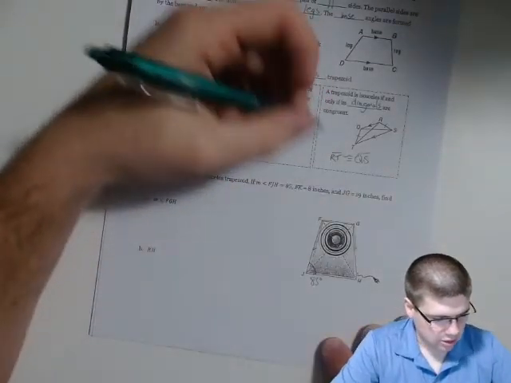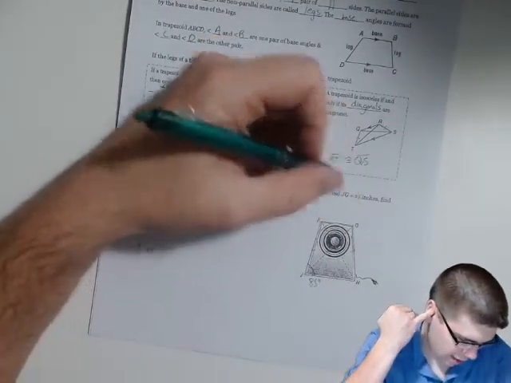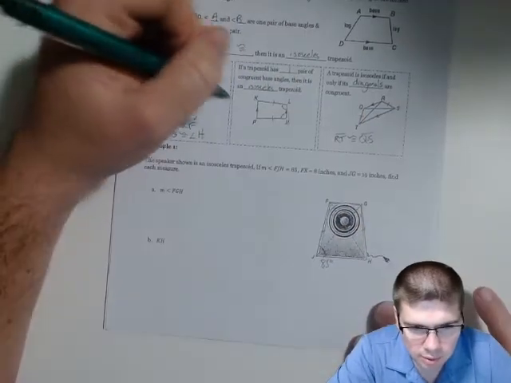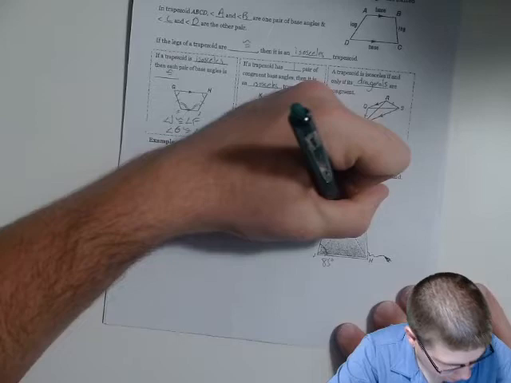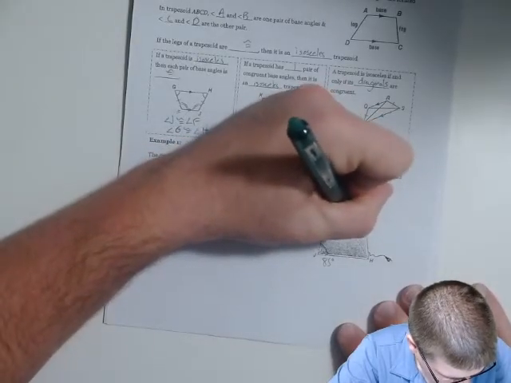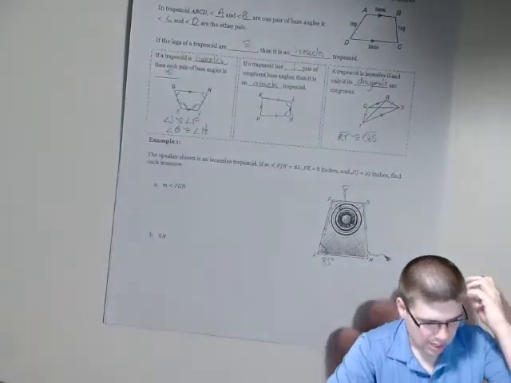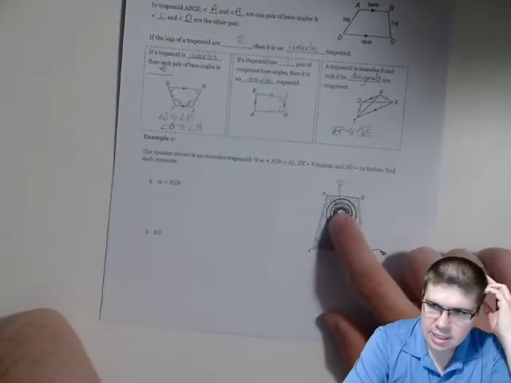Find FK, so we have FK, and K is in the middle. It's hiding in the middle here. I'm going to put an arrow there so we can actually see it. That distance there is 8.